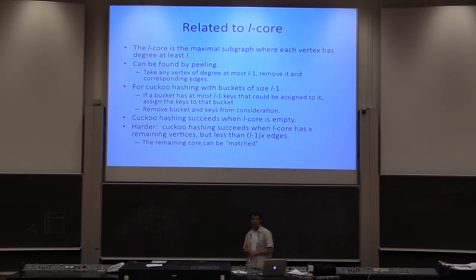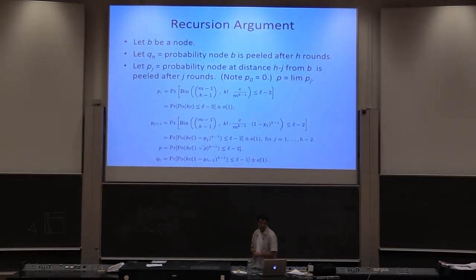So you can think of the process of assigning things by cuckoo hashing, in an offline fashion, as just doing this peeling argument and then figuring out what to do with the remaining core elements, as long as they're small enough. I was not really going to go through this somewhat painful recursion, which has a bunch of notation in it, but mostly I wanted to show that this really wasn't that bad an argument.